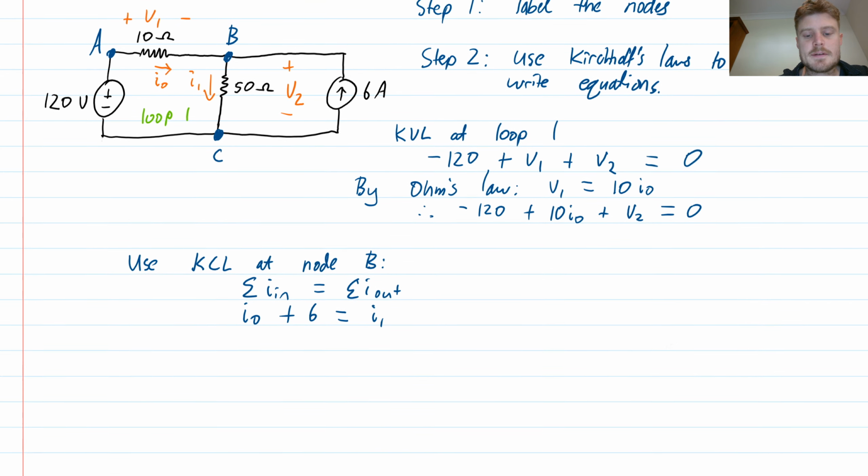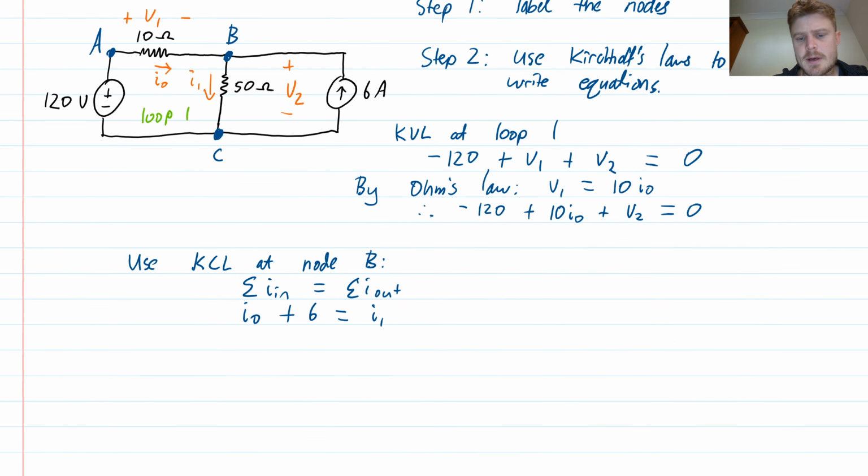This is good. We're making some progress here, but I need to relate my V2, which is my unknown over here, with my I1, which is the unknown over here. I've got a voltage and a current at the same component: the voltage across the resistor and the current through that resistor. That's pretty good news because I can use Ohm's law here.